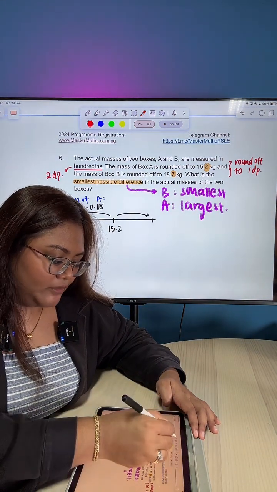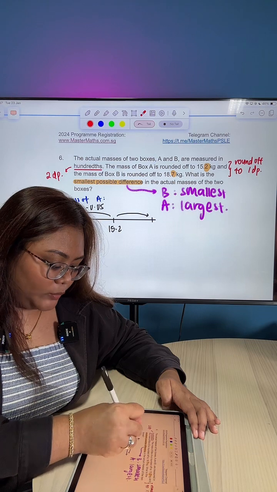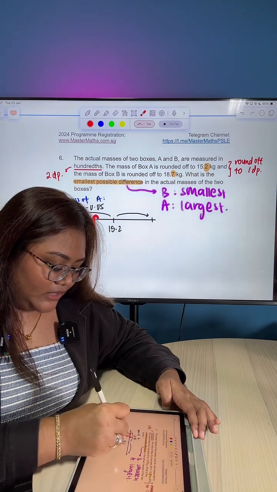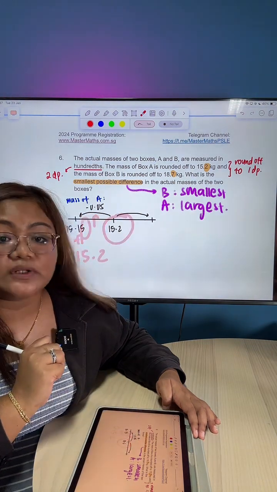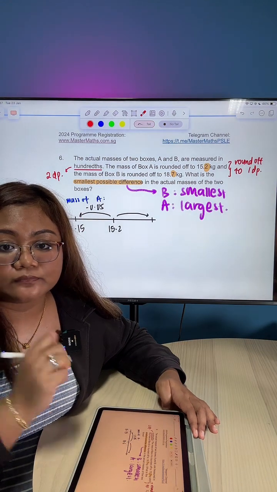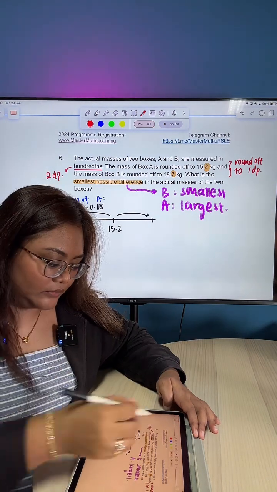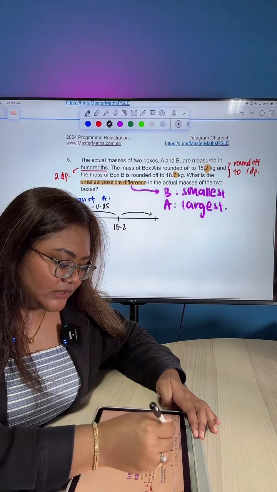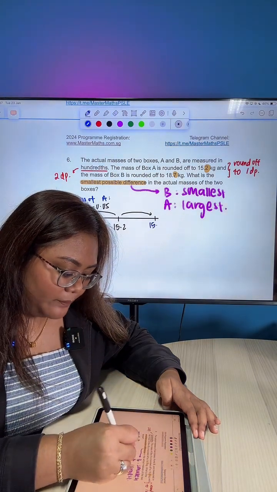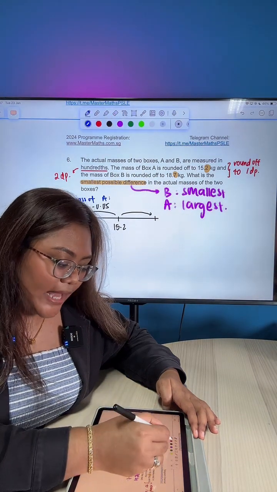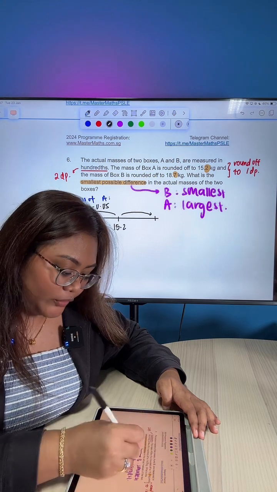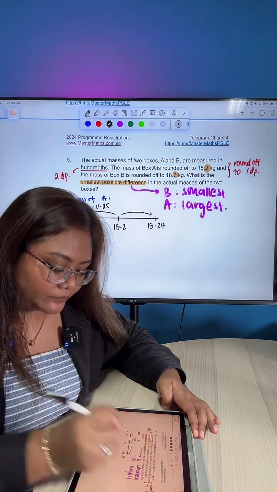Because when I round off 15.15, I am going to get 15.2. This is the smallest possible that I can get. Okay, and the largest possible for A will be 15.24. I need to round this down. I cannot round it up.